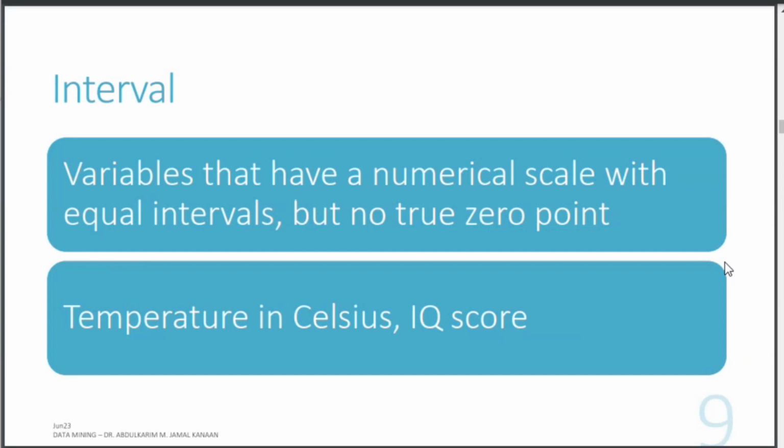If I ask you what is the current room temperature in Celsius, because it also depends on the type of temperature scale that you are using. So Celsius and Fahrenheit are under interval. So they are numbers, right? You're going to say the current temperature is 35 Celsius. They are not categories. They are numbers, right? And with equal interval.